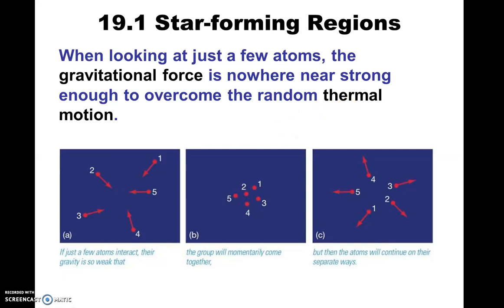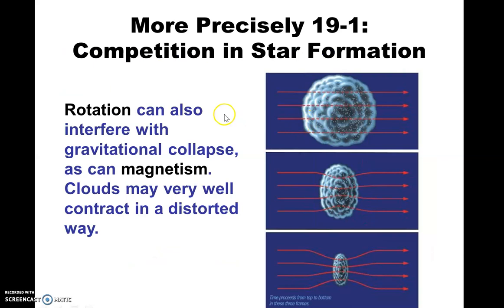That's what thermal motion is all about. And heat will easily overcome these really weak gravitational forces between individual atoms. If this was all that was going on, these things would not collapse. And also rotation.